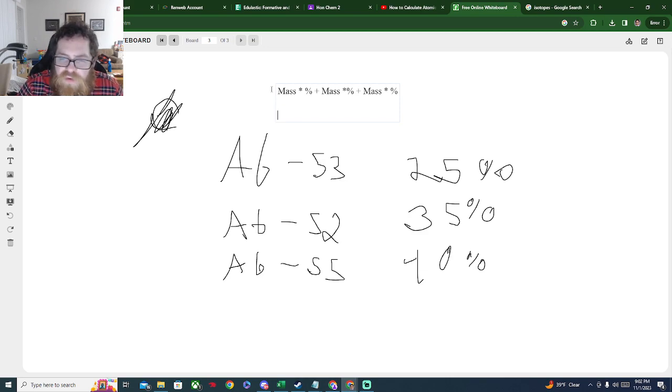So we just take the number, we divide it by 100. So this is the mass number. Let's use this mass: 53 times 25 over 100 plus 52 times 35 over 100. 35 over 100 is also 0.35. This is also 0.25.